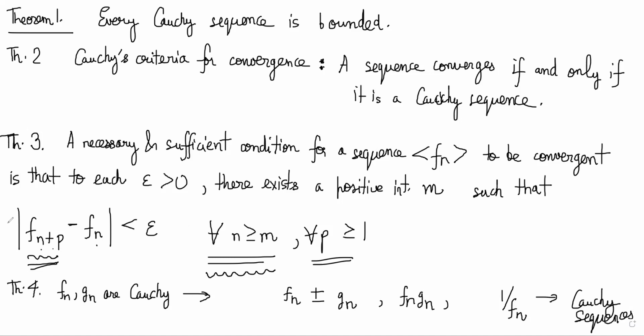Basically, you can add, subtract, multiply the terms, even take the reciprocal as long as terms are not zero, and the resulting sequences will still be Cauchy sequences.